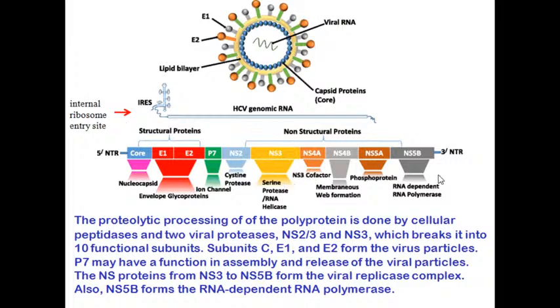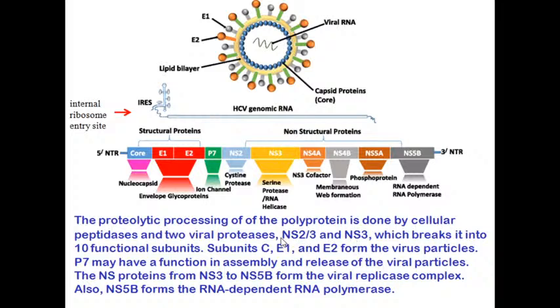My dears, this is a very important stage in the replicative cycle. Why is it so important? Because proteolytic cleavage of the polyprotein is a very good target for therapy, to inhibit the activity of the viral proteases.